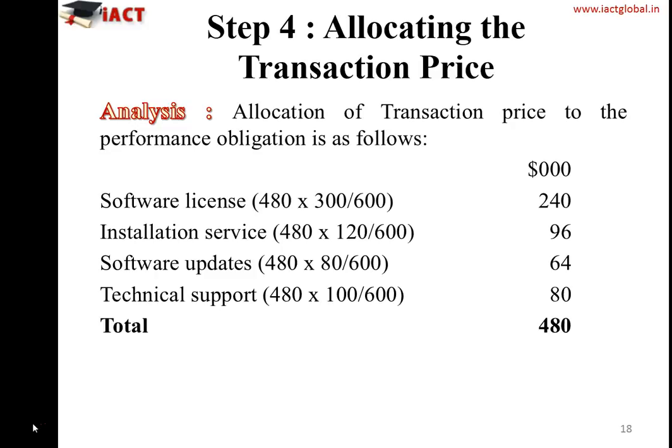Similarly, you can calculate for installation services, software update and technical support. The software license standalone price is 300, but in this contract, the software license is worth $240,000. So this is how in step 4 you allocate the transaction price, and then you are done with the measurement. Now moving to step 5, which is related to revenue recognition.